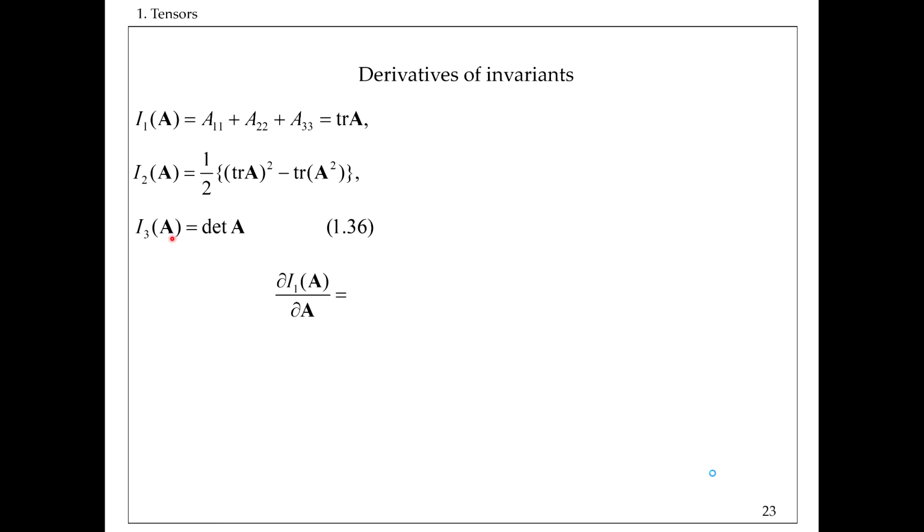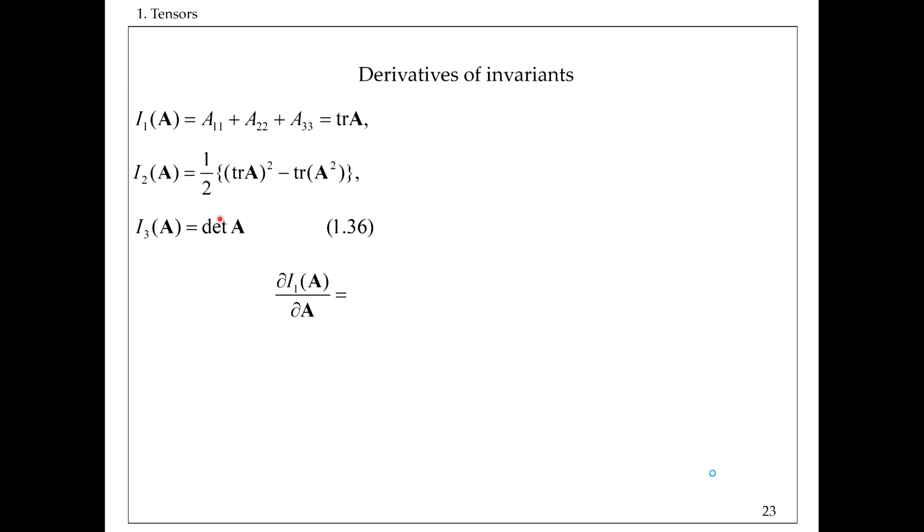You can already see that because the traces can be written in terms of the components, it's quite easy for us to take the derivative as we defined it, and to find the situation when the derivative of components with respect to components of A will be non-zero. You can start seeing it already from here. The I2 is a little bit more involved than I1, but the structure is the same.